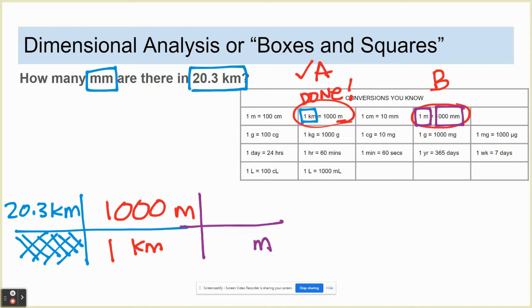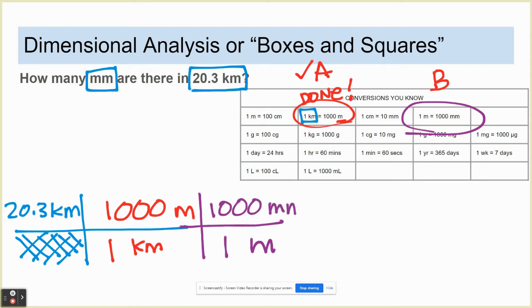What's the number that goes with M? Look at your second conversion factor. You can clearly see it's 1 m. So what goes at the top now? It's 1000 mm. Remember, guys, we only got two conversion factors. So again, we're now done.